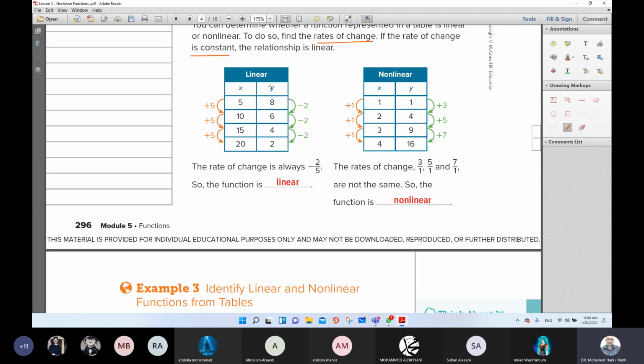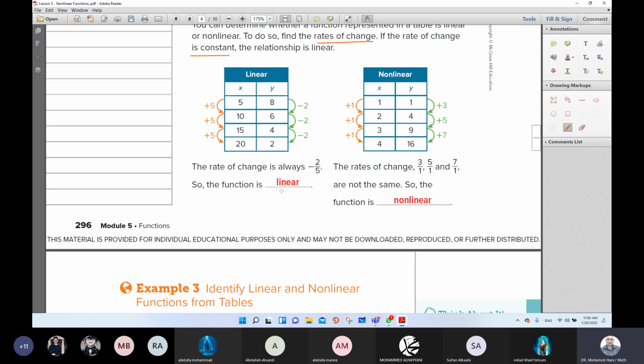And in the y, or the range or the output, we have 8, 6, 4, 2, which means negative 2, negative 2, negative 2. 8 minus 2 is 6, 6 minus 2 is 4, 4 minus 2 is 2. If you want to find the slope, it is negative 2 over 5 each time. So the rate of change is always negative 2 over 5.